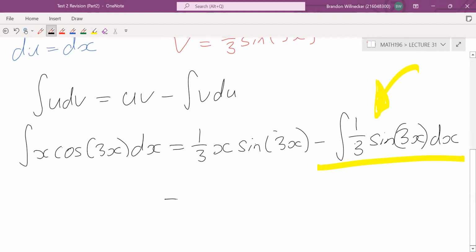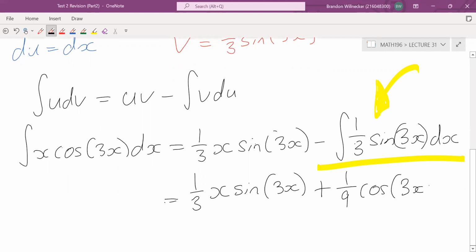So what is that integral? Okay, well, everything else stays the same. The integral of sine is going to be cosine, but remember that there's a minus. So it's minus cosine. Then we have to divide by 3. So we're going to end up with plus 1/9 cosine 3x.